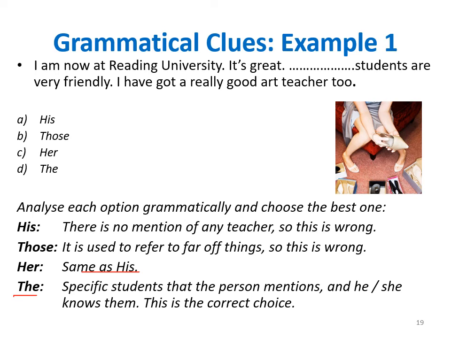That is the correct option. The students are very friendly. He or she is not saying, whosoever this I is, that all the students in the university. She's only saying the students she knows, or the students he knows. So that is the correct option. You see that? That's how you use some grammatical clues.